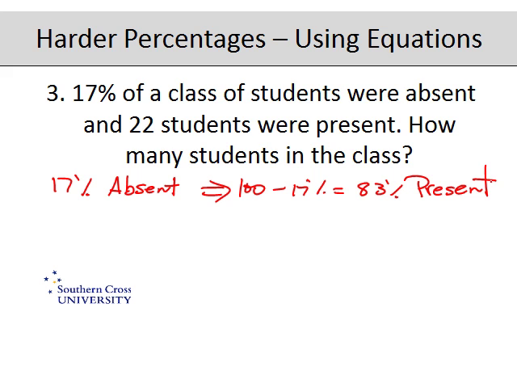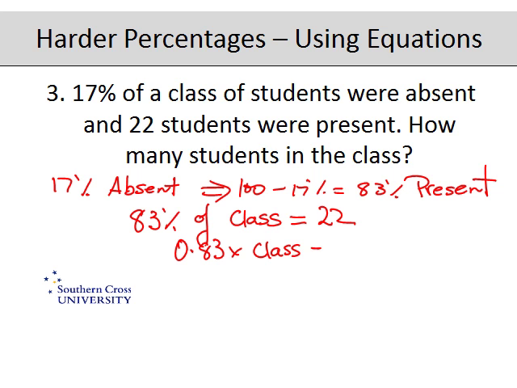Now, that means that 83% of the class, or number of students in the class, is equal to 22. So that means 0.83 times the number of students in the class is equal to 22.